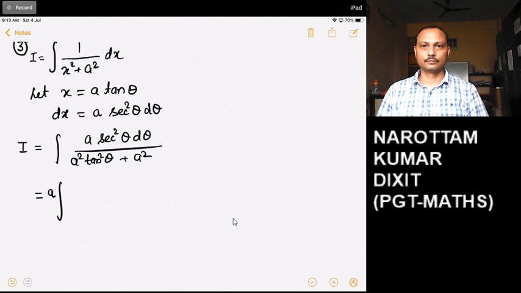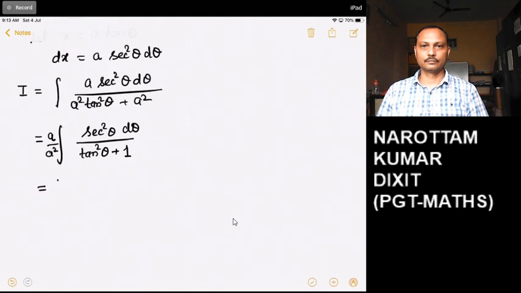Now a is constant, so take it outside of the integration. The numerator will be sec square theta d theta, and in the denominator a square is common, so take it outside. Then we get tan square theta plus 1.